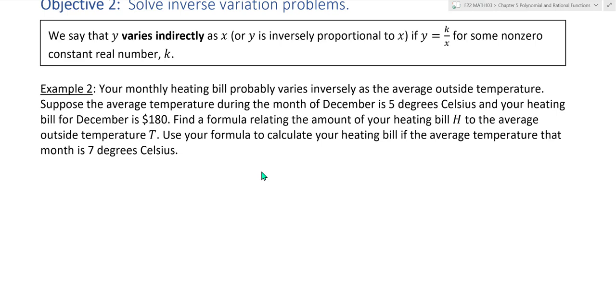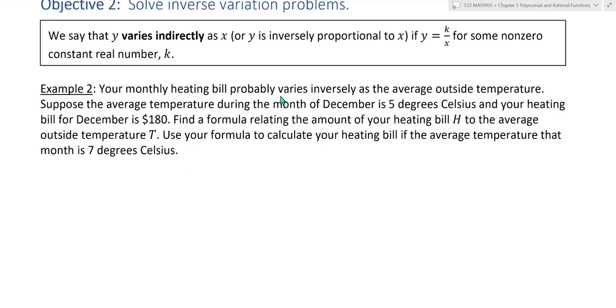Find a formula relating the amount of your heating bill H to the average outside temperature T. Use your formula to calculate your heating bill if the average temperature that month is 7 degrees Celsius. I'm not really giving you time to read these more than once, and it's probably a good idea to pause the video and do that. In general, you're going to want to read any word problem at least a couple of times.